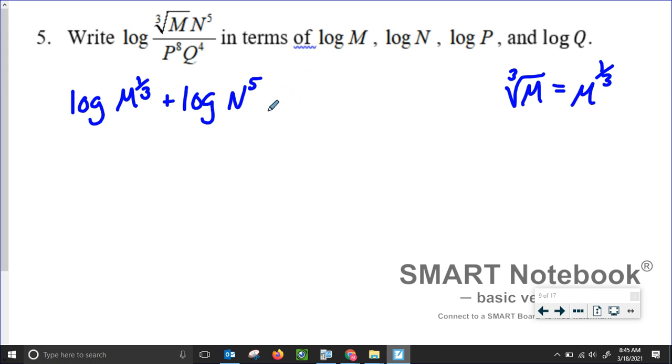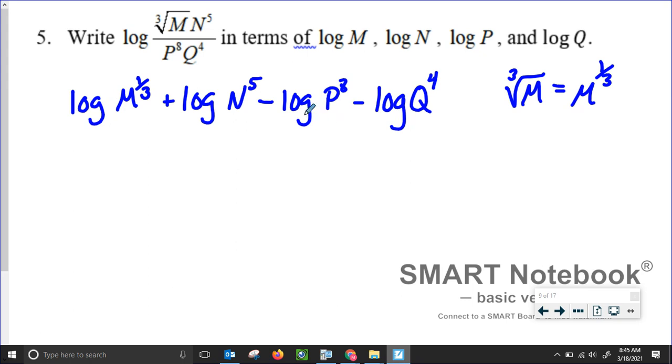Down below, since they're being divided, I'm going to subtract log of p to the 8th minus log of q to the 4th. Now, some people think of these as being multiplied, so they like a plus between them. That's fine if you put the whole bottom piece in parentheses, because then you essentially would just be distributing that negative, and that would be the same thing mathematically. I just think of it as: if it's in the top, it's positive. If it's in the bottom, it's negative.